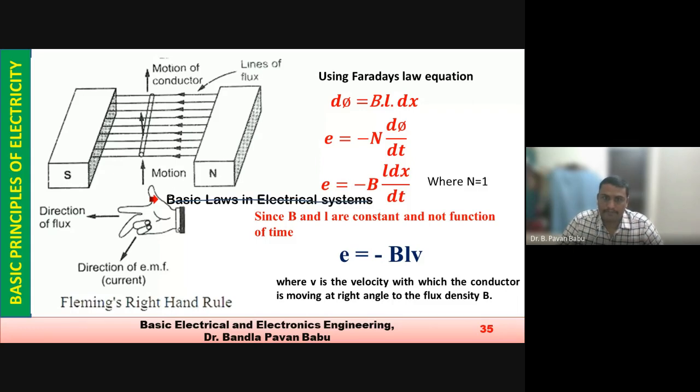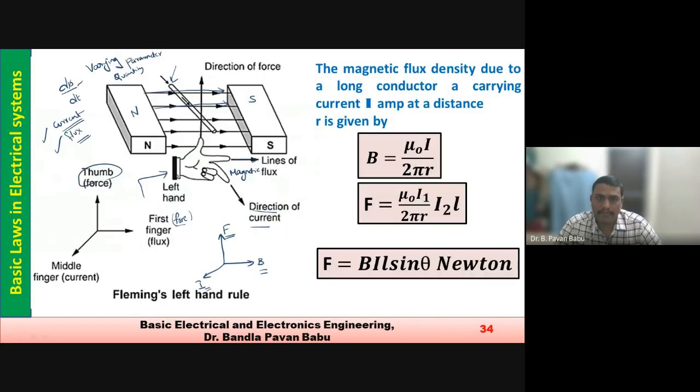So the thumb represents the direction of force, denoted by F. The forefinger represents the magnetic flux, denoted by B, and the middle finger represents the current I. The parameters remain the same for the left hand rule or the right hand rule.